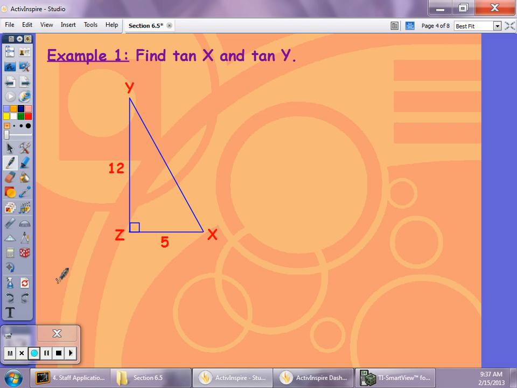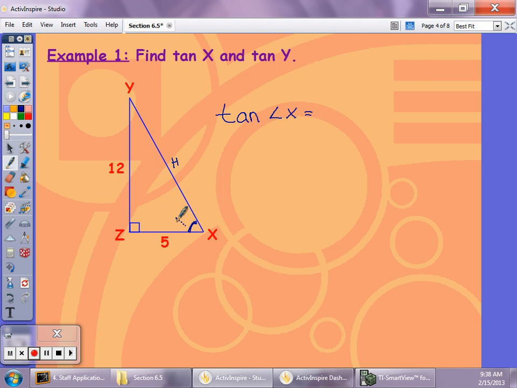So let's take a look at example 1. We want to find the tangent ratio of x and the tangent ratio of y. So remember from the previous slide that the tangent of any angle, in this case angle x right here, is going to be equal to the leg that is opposite over the leg that's adjacent. If we're having trouble labeling, the hypotenuse is going to be opposite the 90-degree angle.